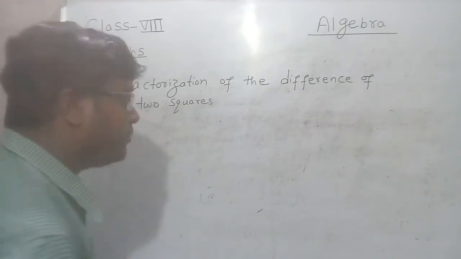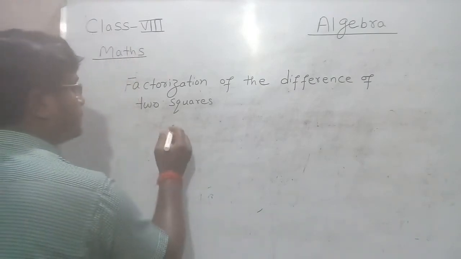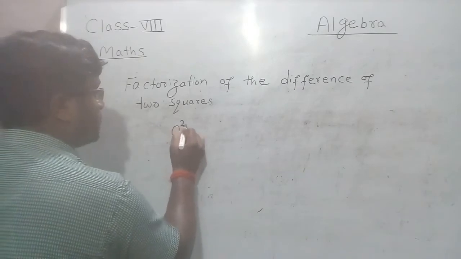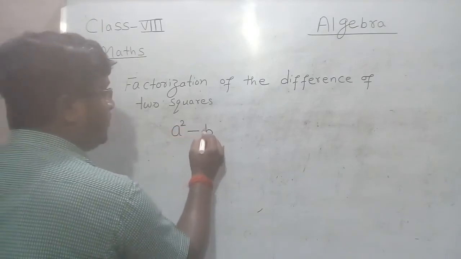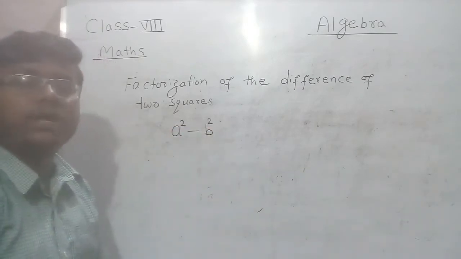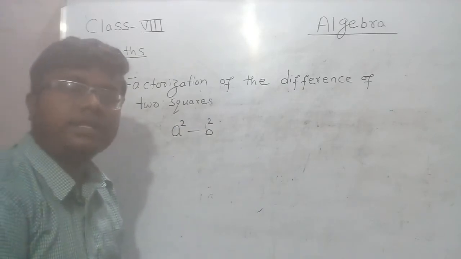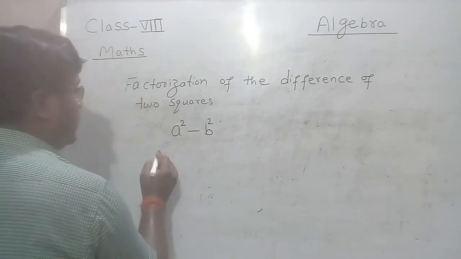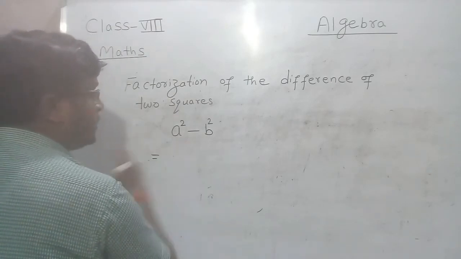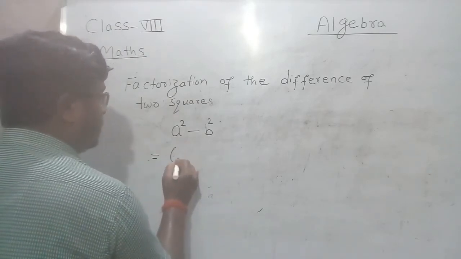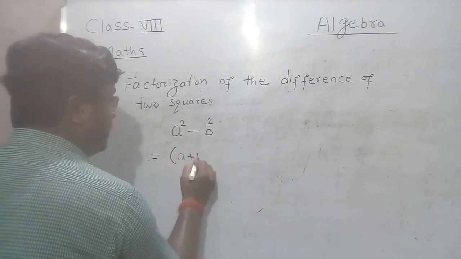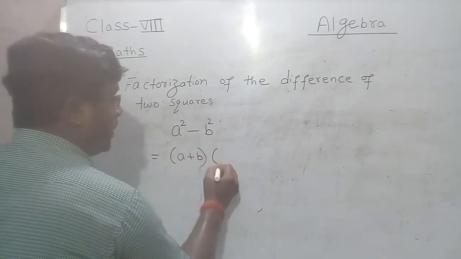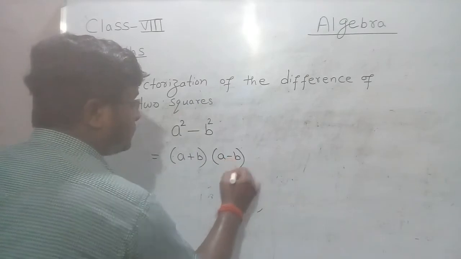For example, if there is a square minus b square, what will be the factor of a square minus b square? As a formula we know the factor of a square minus b square is (a plus b)(a minus b).